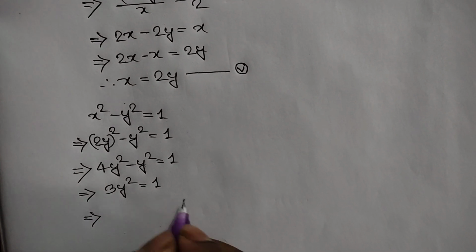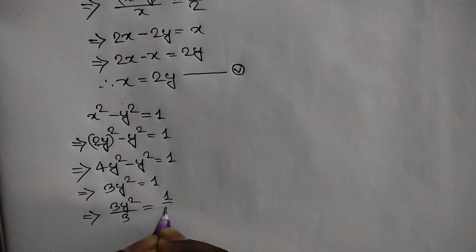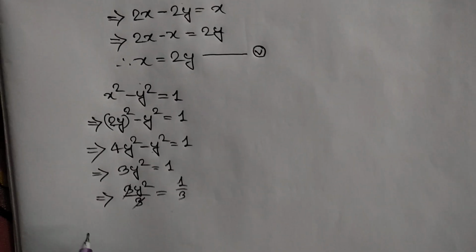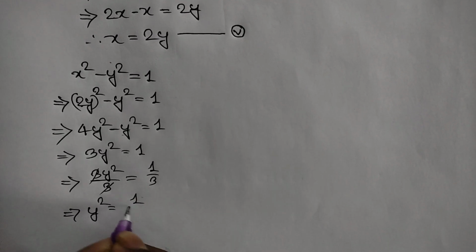Now dividing both sides by 3, we can write 3y squared over 3 is equal to 1 over 3. This 3 cancels out this 3, so y squared is equal to 1 over 3.